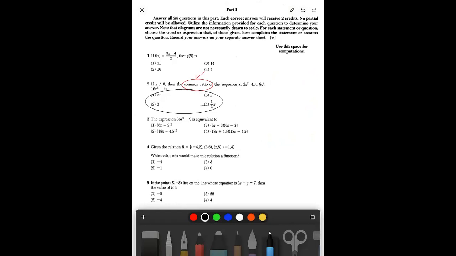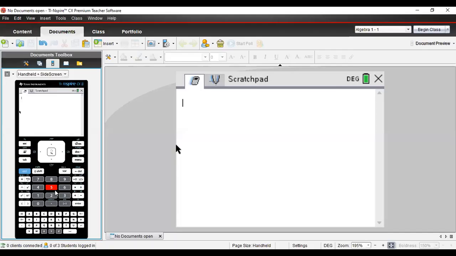So I'm going to store the number 3 into x. So my first term is just 3.